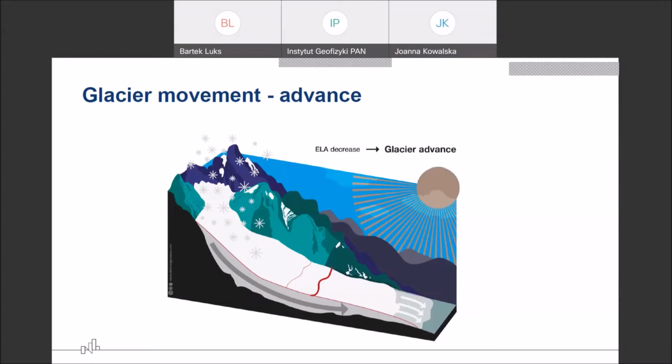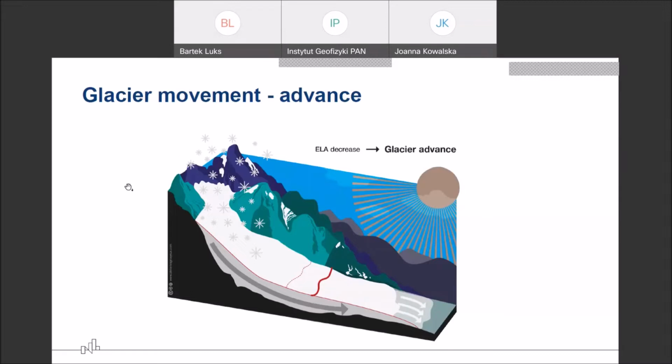One is ice deformation, and when you have more mass here, then all these ice crystals will move a bit, deform, and ice will start flowing. So with ELA decrease, we would have a glacier advance. ELA goes down and glacier goes forward.